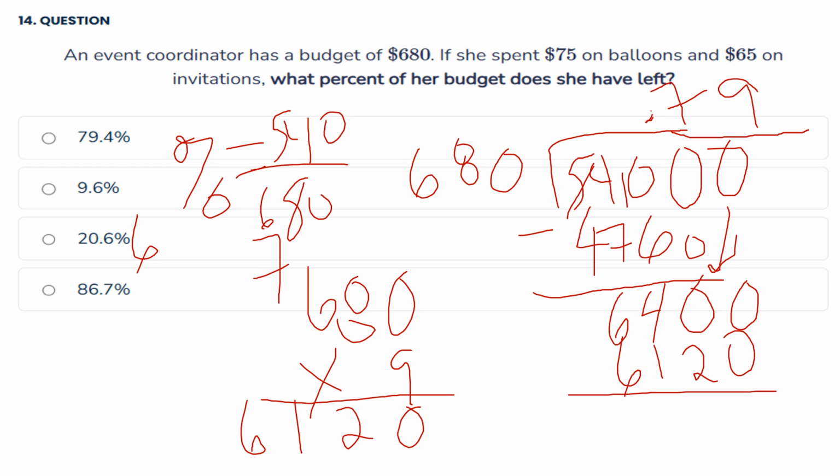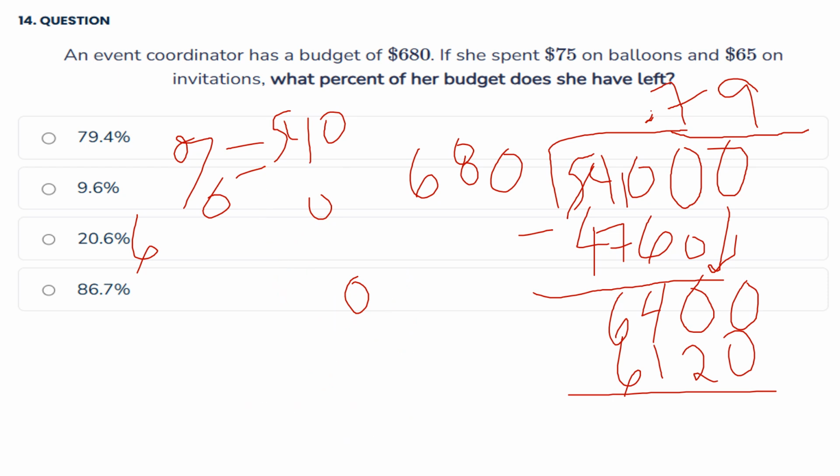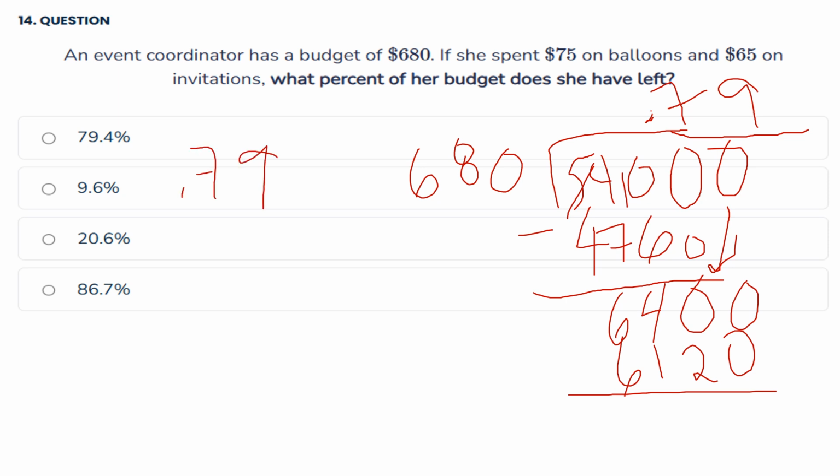I could go another step. I usually tell my students to get 2 numbers after the decimal, but I'm pretty close to the answer that I want to see. So let's do this. We need to turn that answer we got, that 0.79, into a percent. And to do that, you move the decimal point over to the right 2 times, and that becomes a percent.